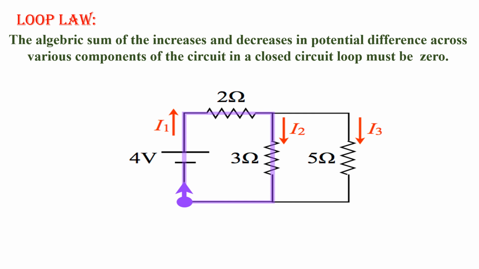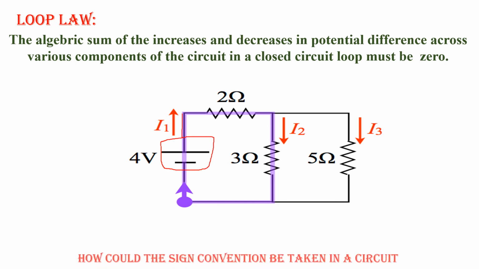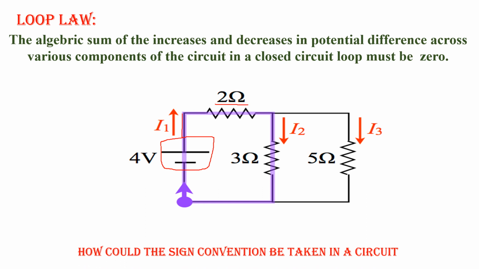Here, if you observe, this is an example for loop law. This is the battery, and from here the current is going. And this is resistance 2 ohms and 3 ohms. So the current moves like this.